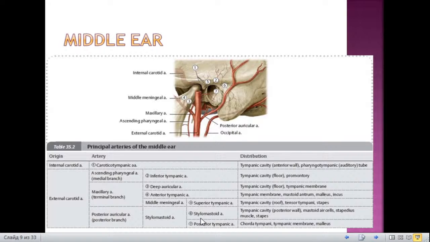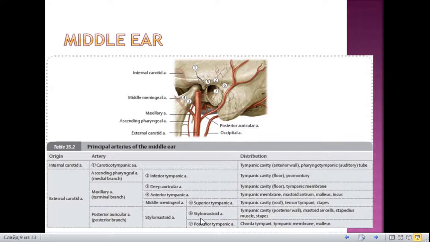What are these organs? So, the first of these organs is the middle ear. It receives blood from the following sources. Firstly, the internal carotid artery.